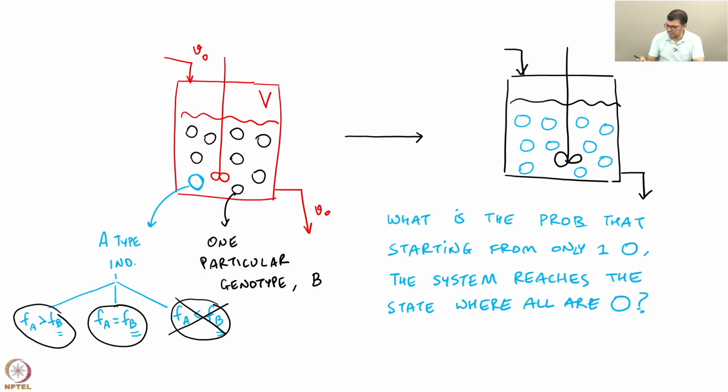What is this probability? That is what we are interested in. In other words, this has a formal name: what is the fixation probability of the blue mutant?